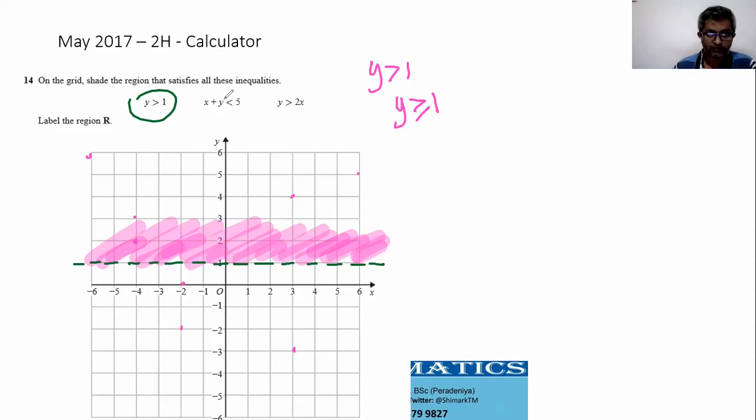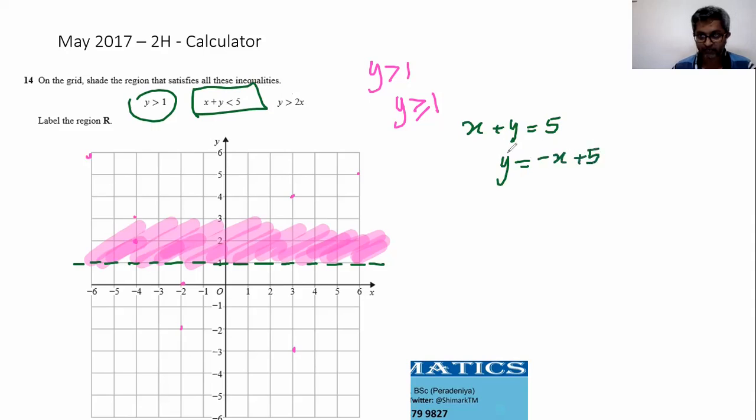Okay. Now x plus y is less than 5. How do you draw this one? First you find out which line x plus y equals 5 is. I can rearrange it to y equals minus x plus 5, and I get this line first.